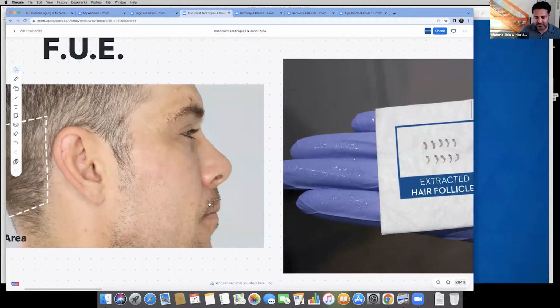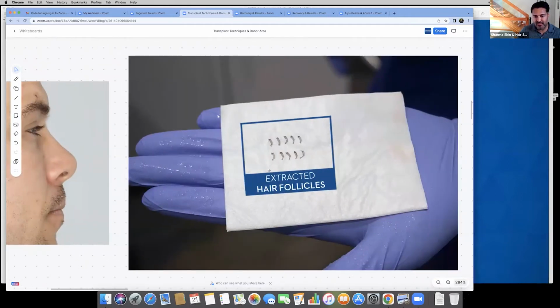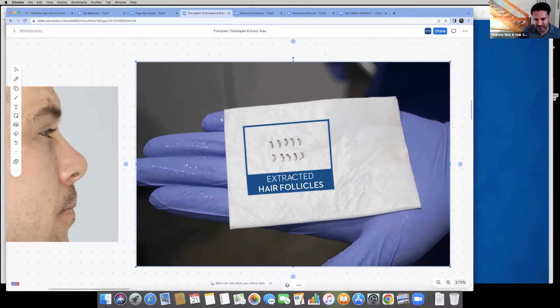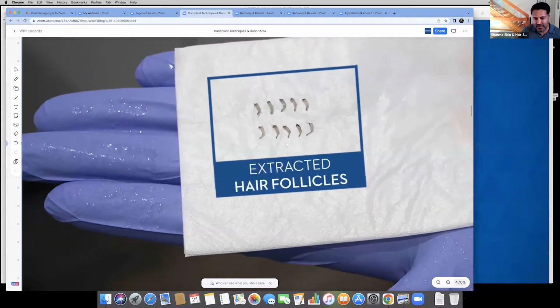Now, if we slip across to here, this is the extracted follicles all placed nicely on a swab just for information purposes. Once again, this is the patient who was from Africa, and as you can see, his roots are almost sitting at right angles to the actual exit trajectory of the keratin shaft. So very, very interesting. I wanted to share this with you because it's just nice to see an interesting case rather than a very straightforward case.